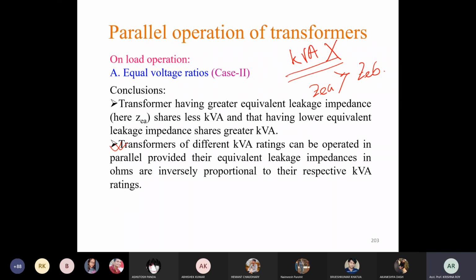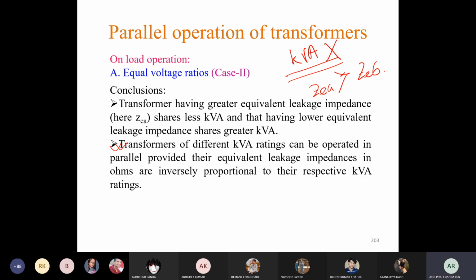By using that condition, we can operate different transformers with different kVA ratings. One transformer will share lesser load and one transformer will share higher load. So accordingly we can design the kVA rating of those transformers.